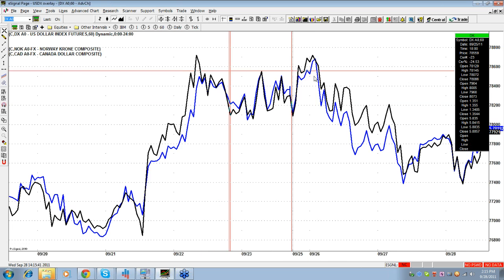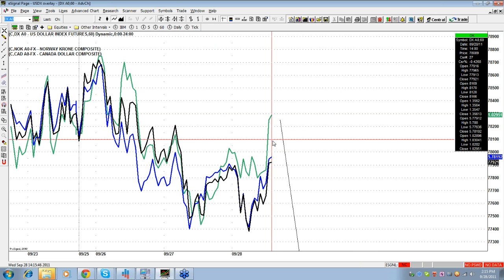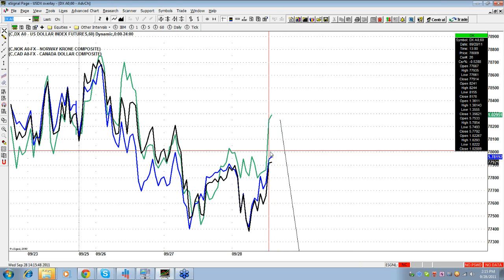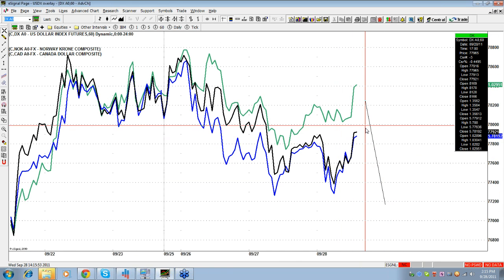So technically speaking, and getting back to a small time frame here, you see that the cat is higher here. The cat is higher here compared with these two.